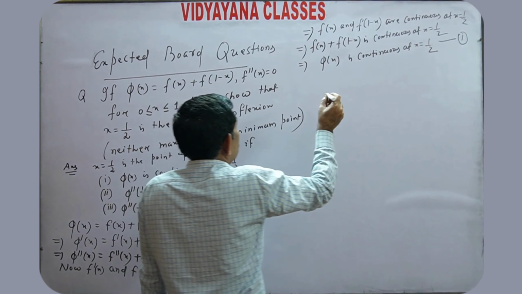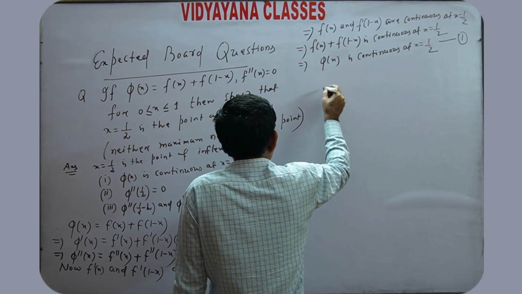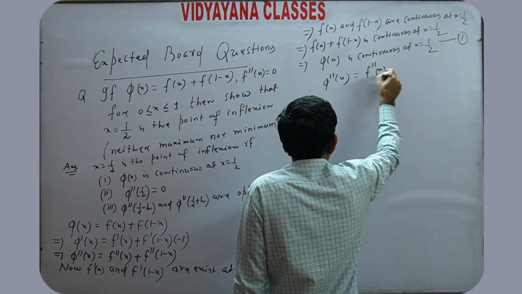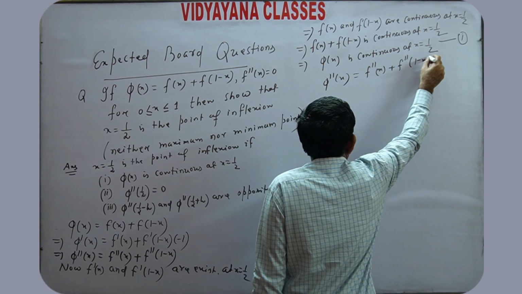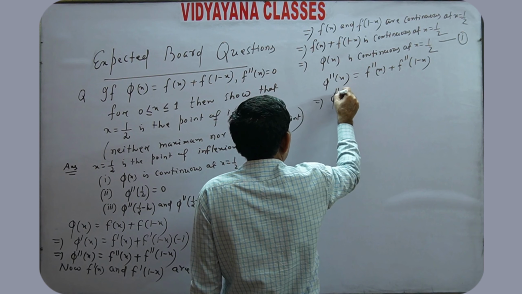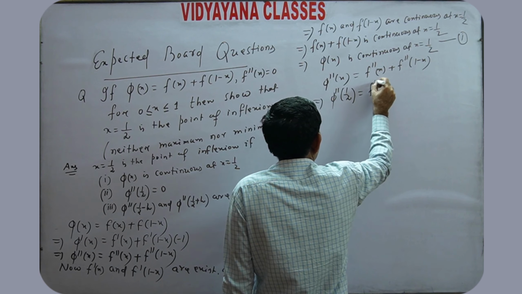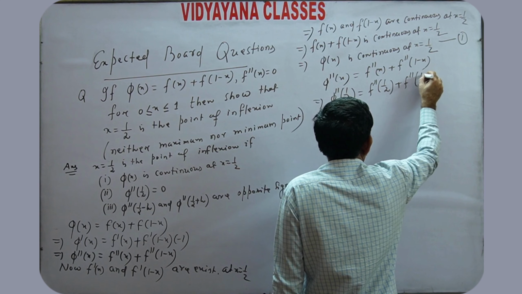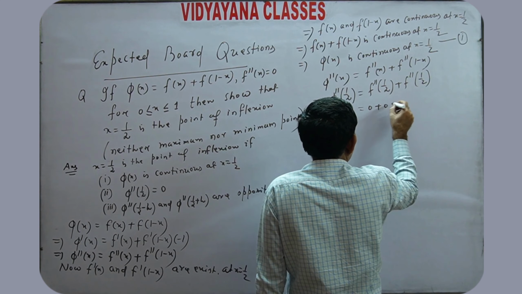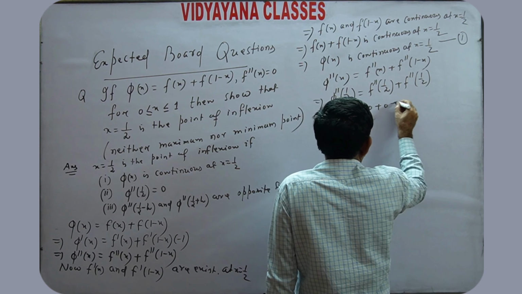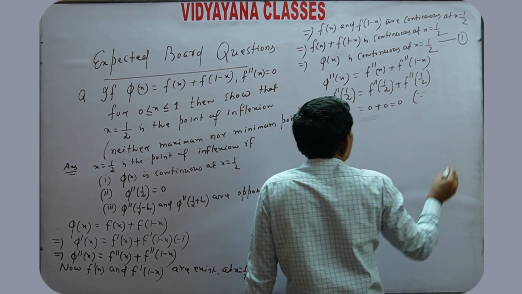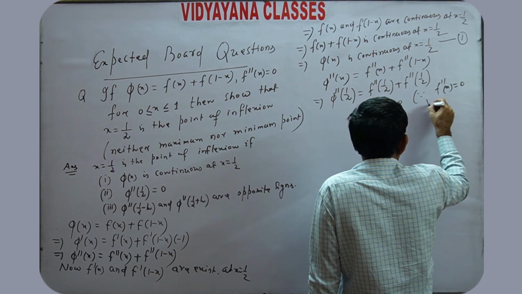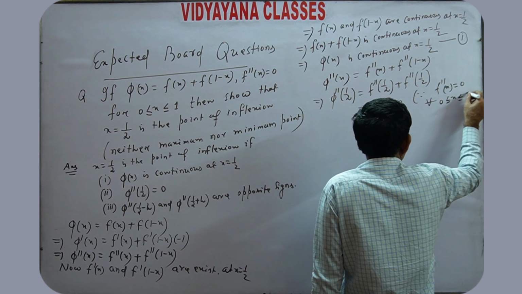Second condition. Phi double dash x is equal to f double dash x plus f double dash (1 minus x), which implies phi double dash half is equal to f double dash half plus f double dash (1 minus half), that is the half, which is equal to 0 plus 0 is equal to 0, since f double dash x is equal to 0 for all x greater than or equal to 0, less than or equal to 1, given.